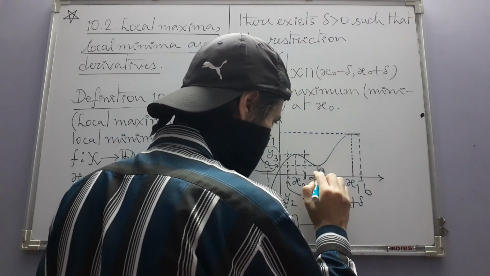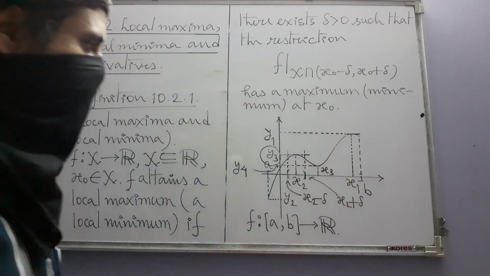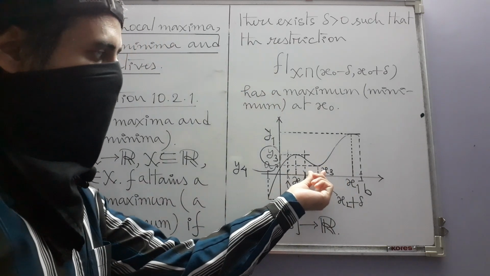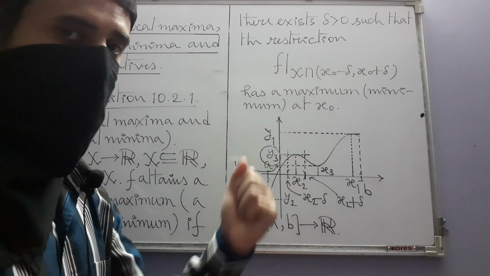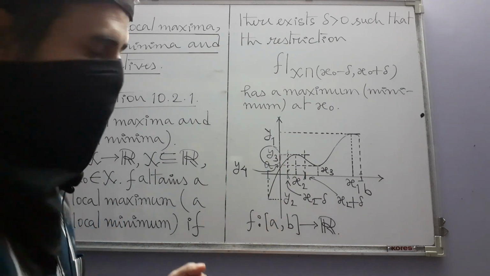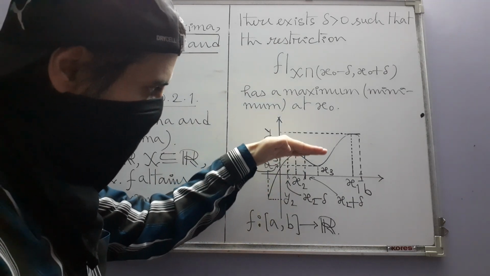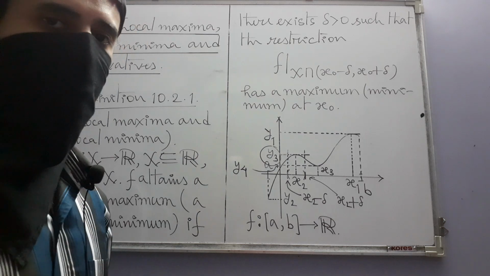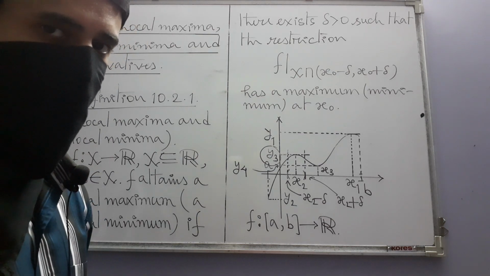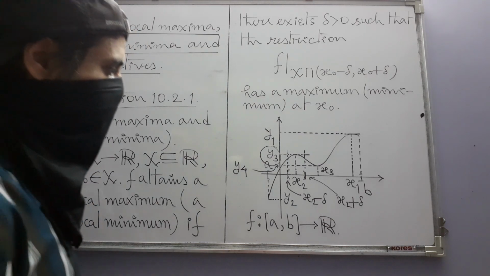So you can call this x3. Around x3, if you choose a small region by choosing a small enough delta, within that region, this is the minimum possible value, the smallest value.